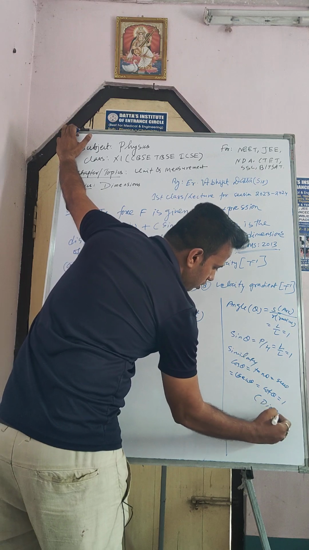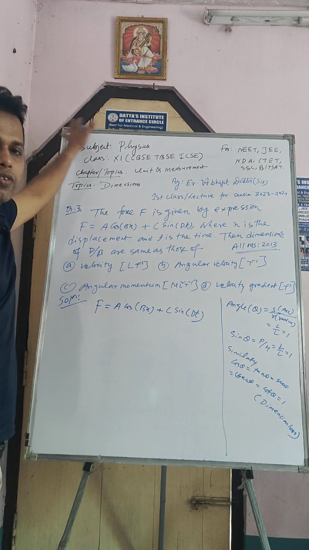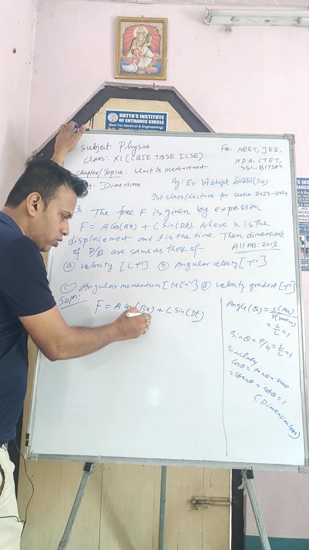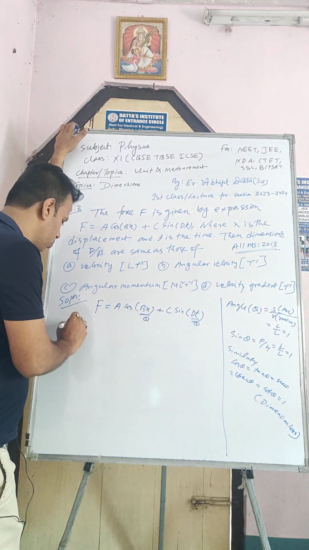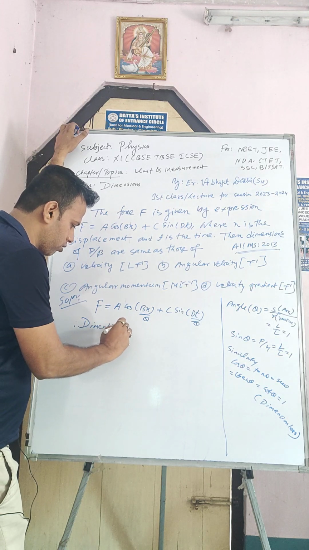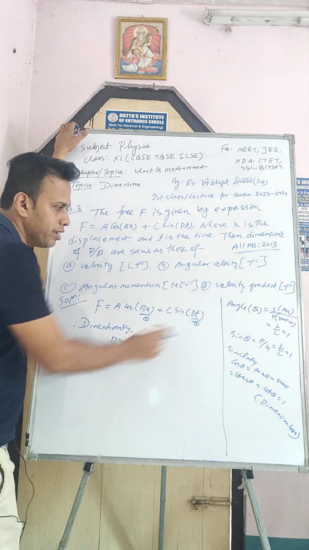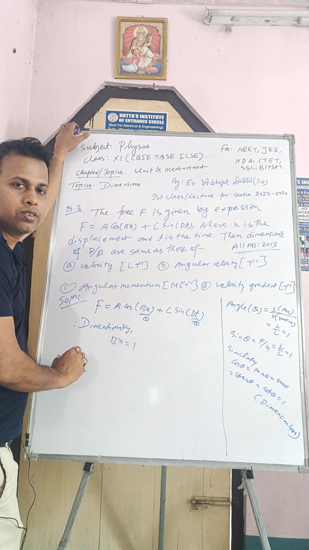1 means a dimensionless physical quantity. So from that, look here, this equation is given. This one is theta and this one is also theta. So we know that dimensionally bx is equal to 1, since theta is 1.